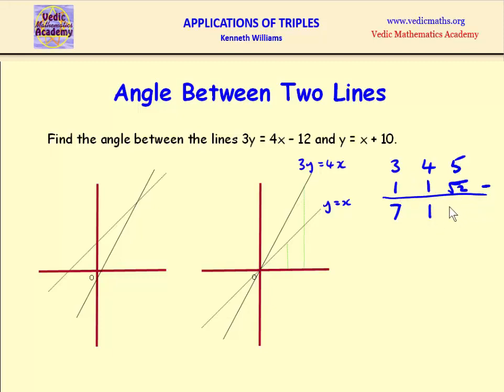And then multiplying vertically here, we have 5 root 2. So a triple of that shape would fit exactly in that space. And there's the angle between the two lines given in triple form. There are ways of finding the angle in a given triple or a triple with a given angle in it, but we won't go into that here.